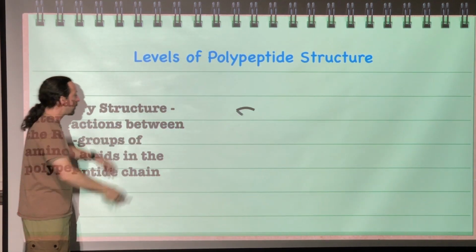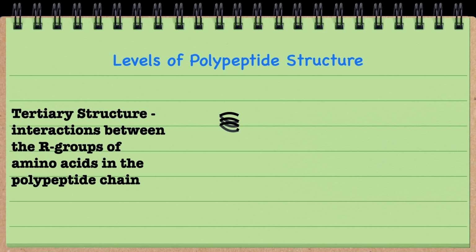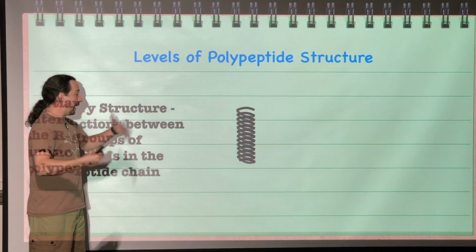So we can have an alpha helix that is just going to spiral down. And coming off of that alpha helix, well, could be another alpha helix, or we could have a beta sheet.